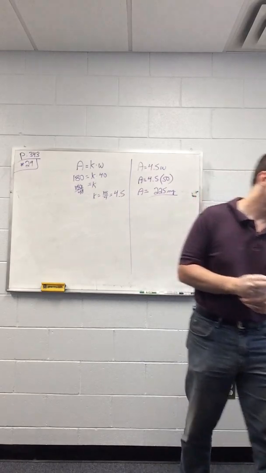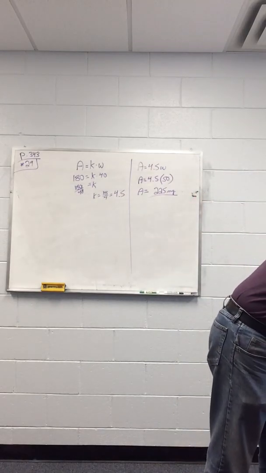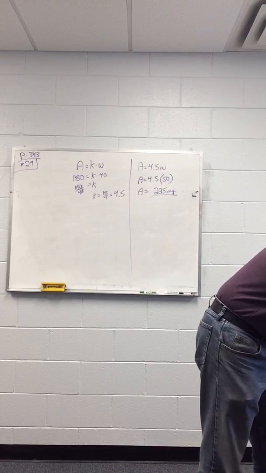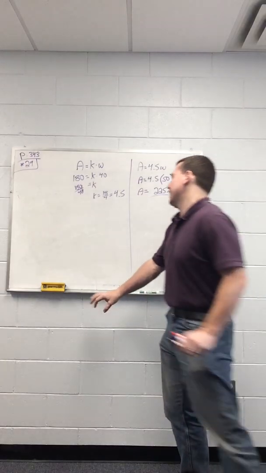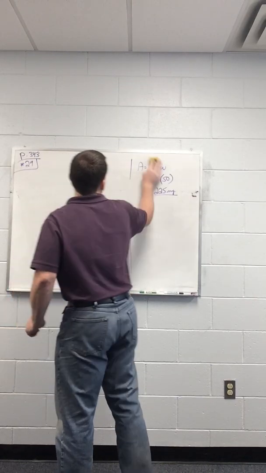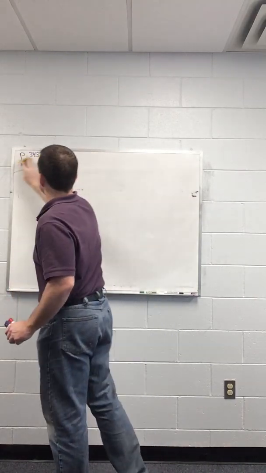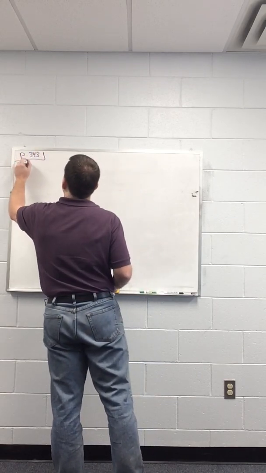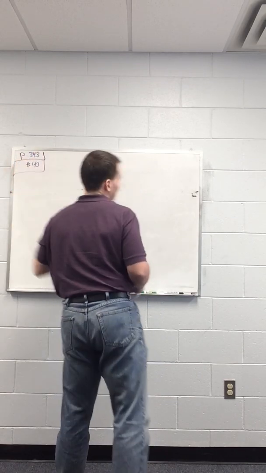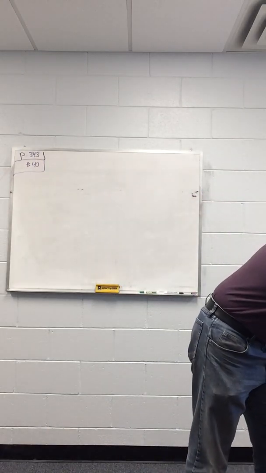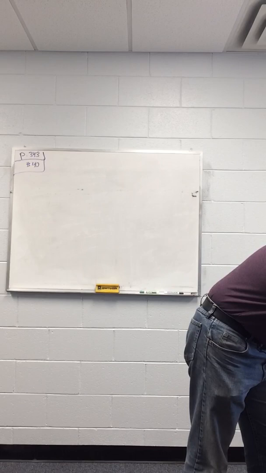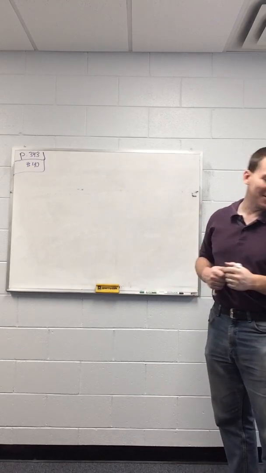We're going to skip the other problems because they're similar to that, and we will jump down to number 40. It says the resistance of a wire varies directly as its length and inversely as the square of its diameter.